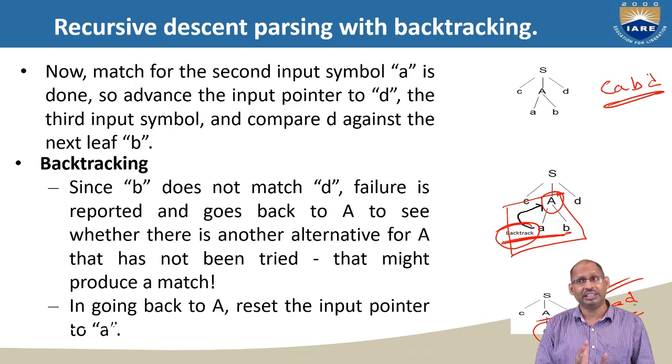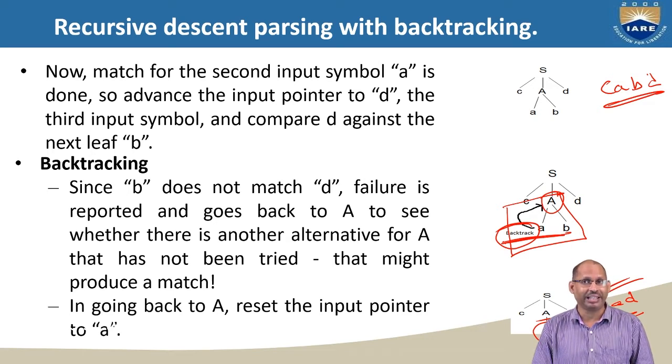If that second alternative production also does not derive our required string, we go back to the parent node and we use the third alternative production of the non-terminal, and it goes on until we are able to derive the required string. Otherwise, we simply say the string is not derived by this grammar, right?